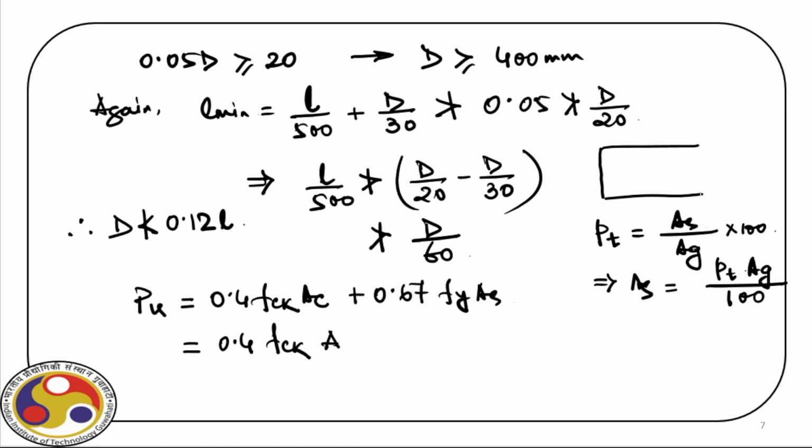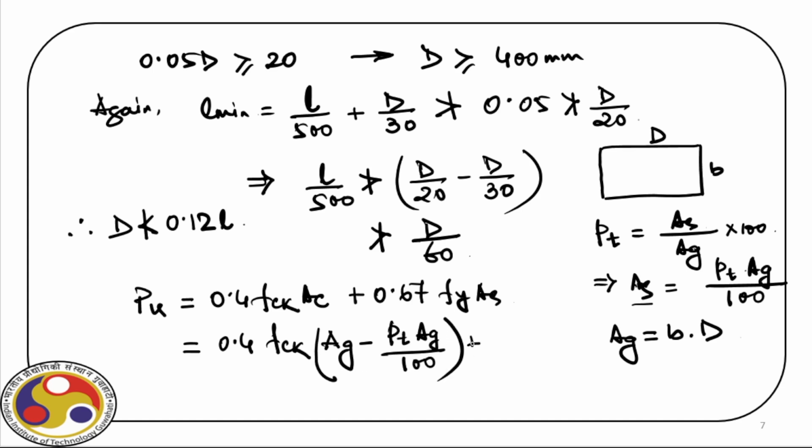So if this is the cross-sectional area, we have D by say B, so Ag, that is the gross cross-sectional area, is B times D. So what we have here, Ag minus the steel As, the expression of As is here, so it is Pt times Ag divided by 100, plus 0.67 fy times Pt times Ag divided by 100.